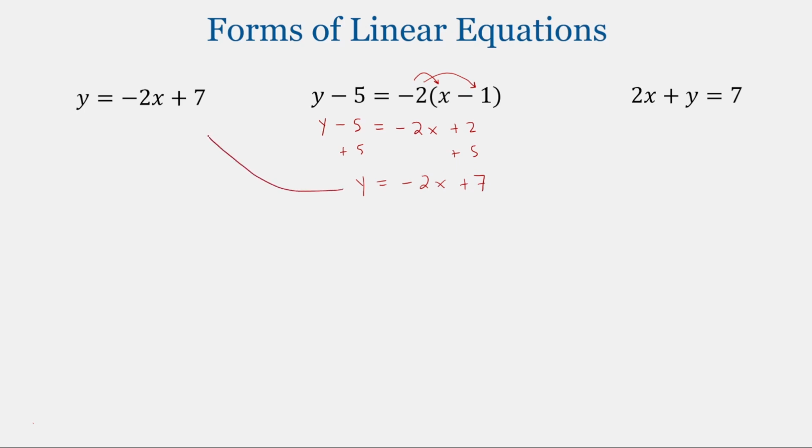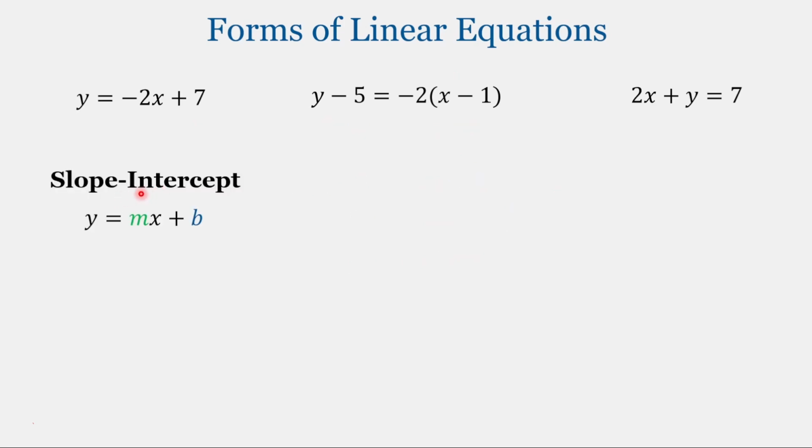And this is the first equation. Now from this first equation, if we add 2x to both sides, we end up with 2x plus y equal to 7. And that is our third equation. These equations are equivalent. They represent the same line, but are written in different forms.